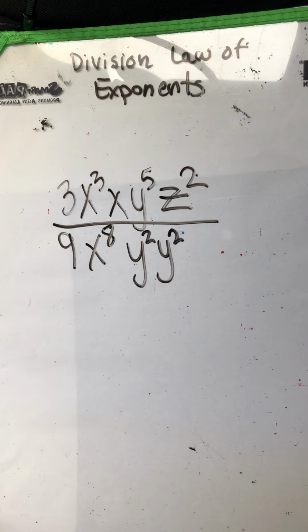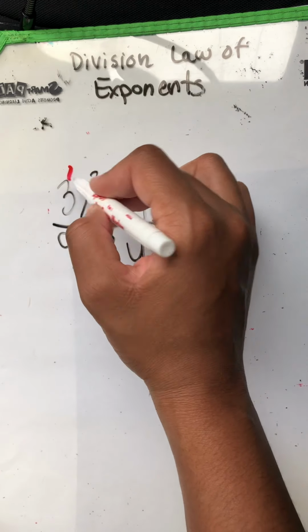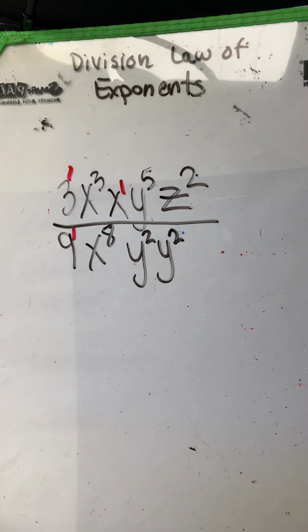All right, so let's take a look at this. I have some things that I need to do. First thing I'm going to do is placeholders. So anything that doesn't have an exponent, give it an exponent 1. We got it here, here, and here.